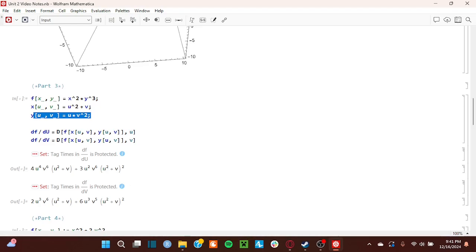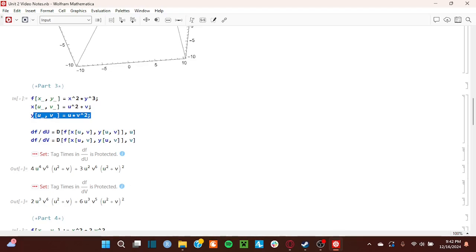And then our second part ended up being 2u to the third v to the sixth times u squared plus v, plus 6u cubed v to the fifth times u squared plus v, squared. And that ends our third part of this segment.